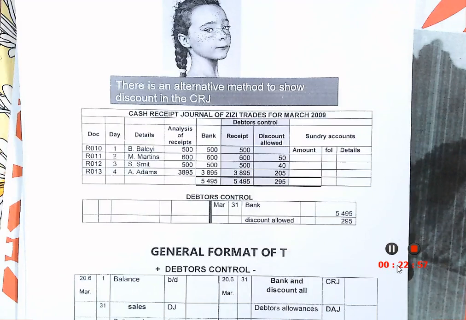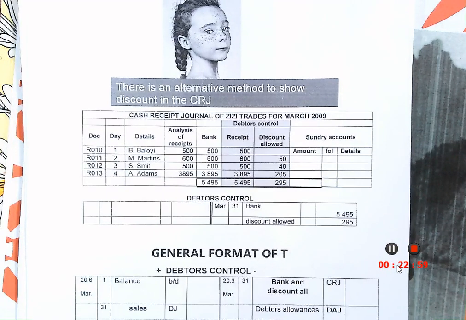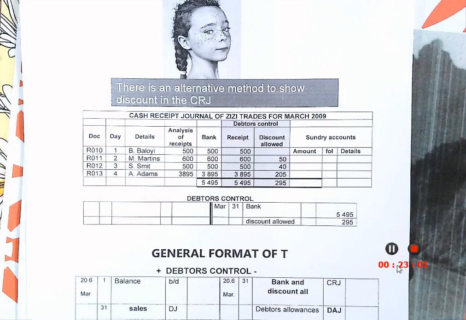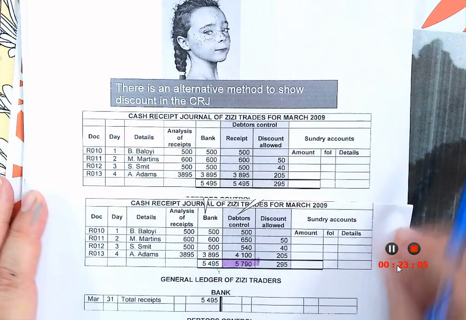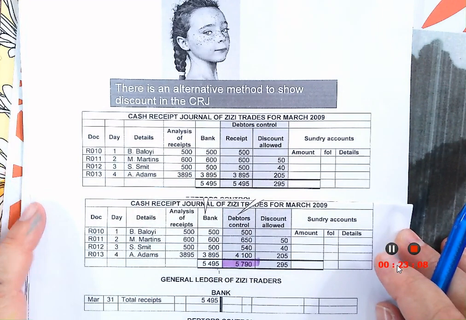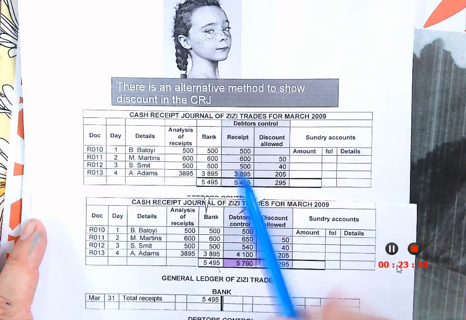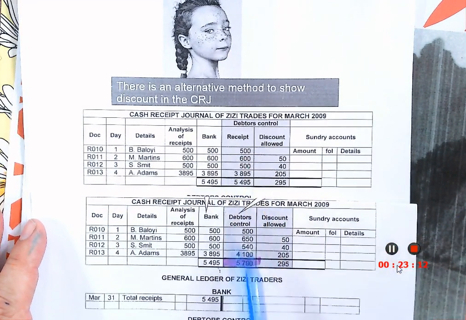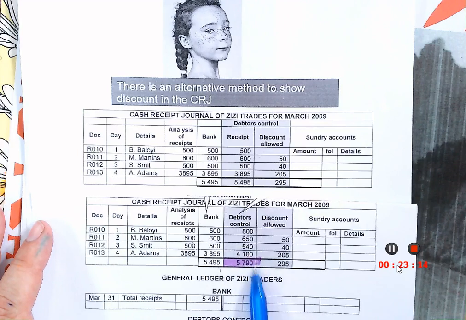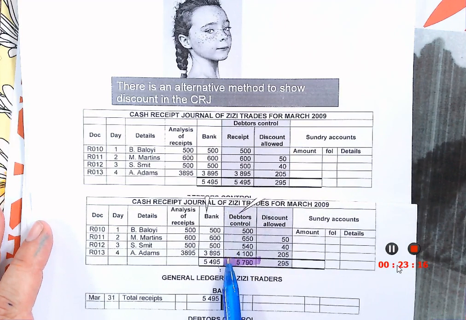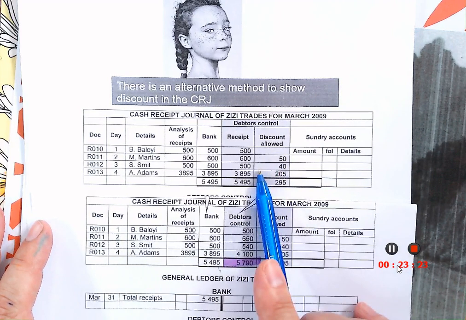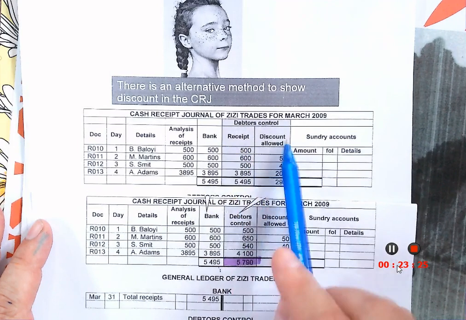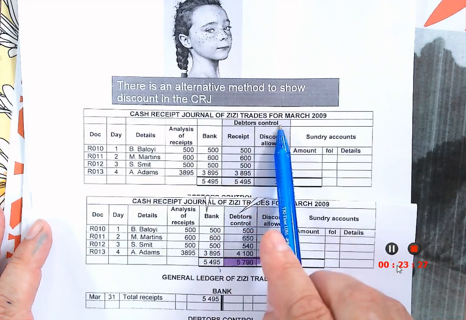So this thing here, you guys, let me just finish this. So if you look, can you see the difference between these two CRJs? The one we did has a debtors control column and a discount allowed column. You see that? Now the other one has two columns that say debtors control.